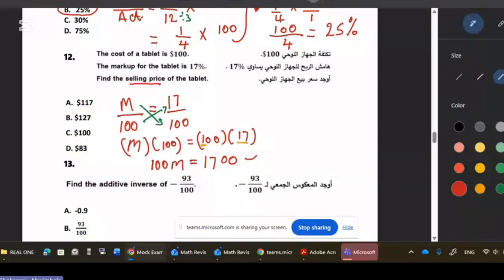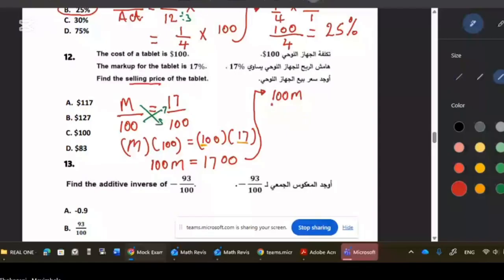Now let's check it up here because of the space. What are we going to do now? Who remembers? We have 1,700 equals 100 M. Master, we divide.